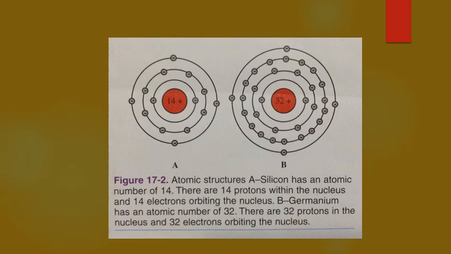Note that both silicon and germanium have 4 electrons in their outer orbits, or outer rings. These electrons on the outer rings are called valence electrons. In some atoms, valence electrons are able to bond with the valence electrons of another atom.